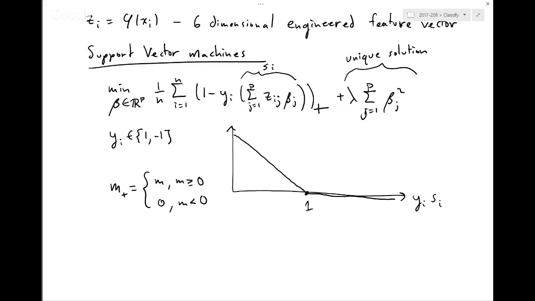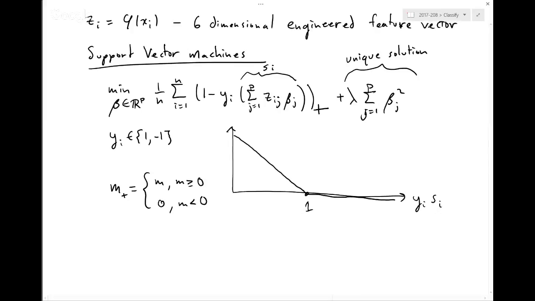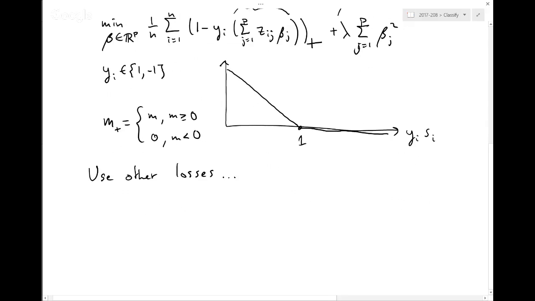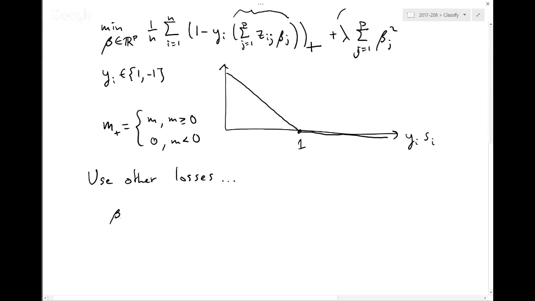Now, last time we talked about writing everything in terms of the score. The logistic regression loss was also in terms of the score, and the same with the least squares penalty. So we could also use other losses, and they would take the same form where we minimize over beta.